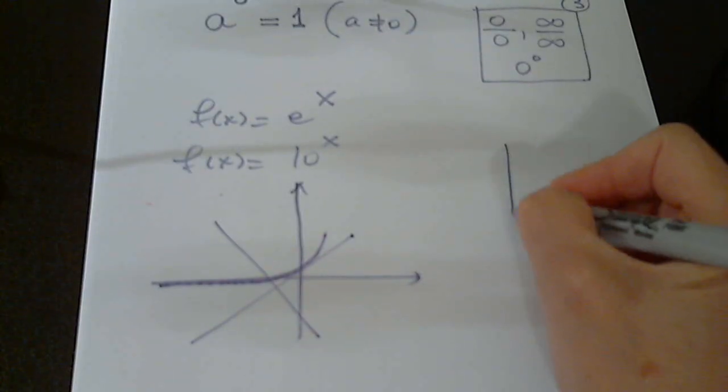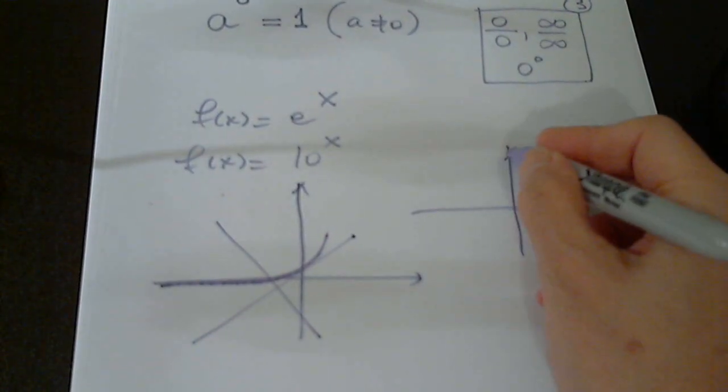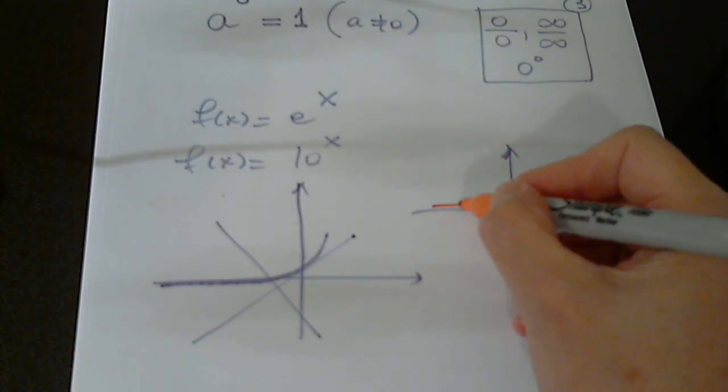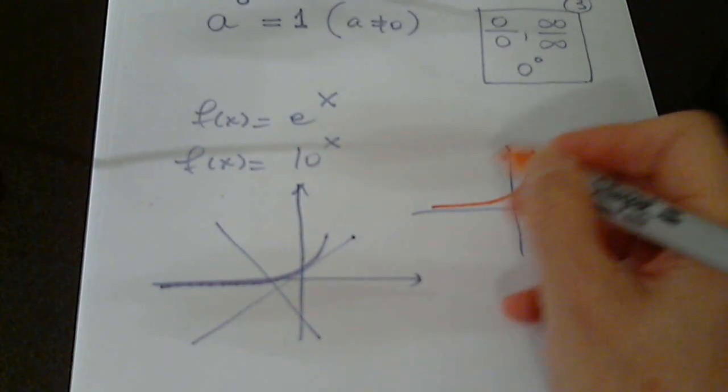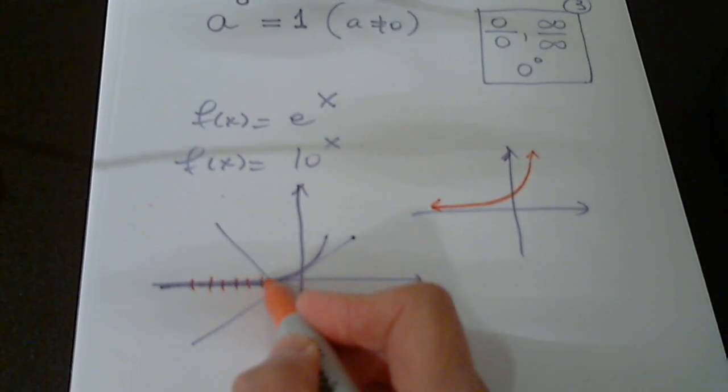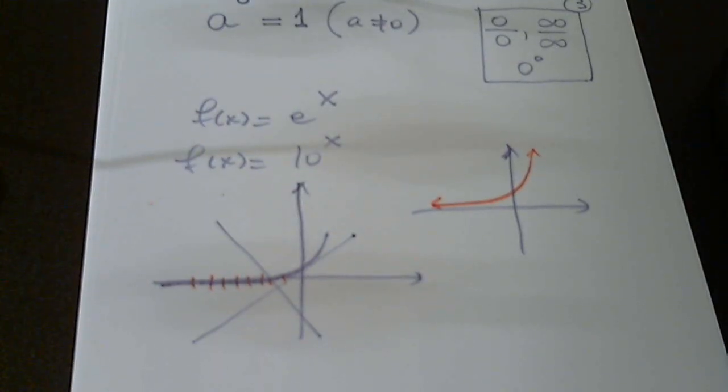This is incorrect. So the correct graph is this. Okay? The exponential function is not 0 here. It only has a limit that is 0. The tendency, but not the value.